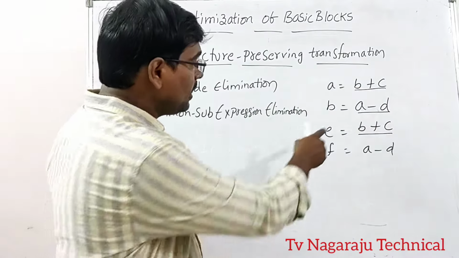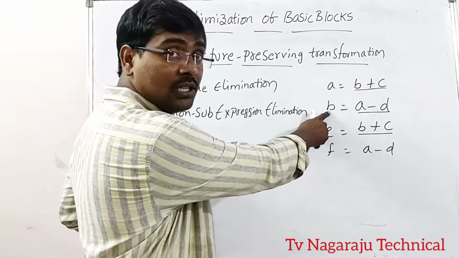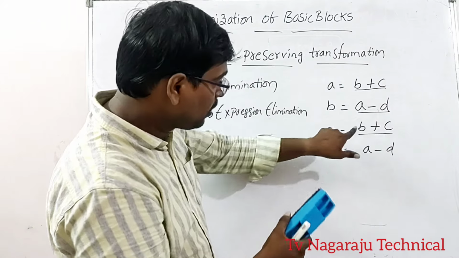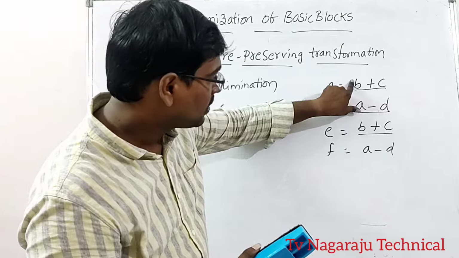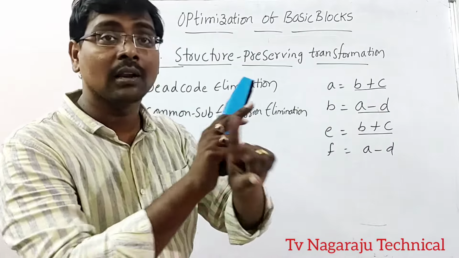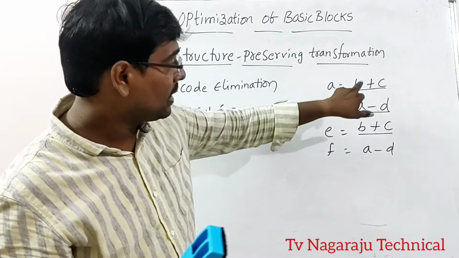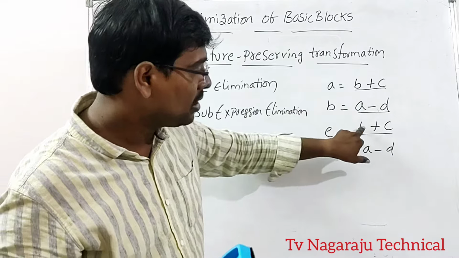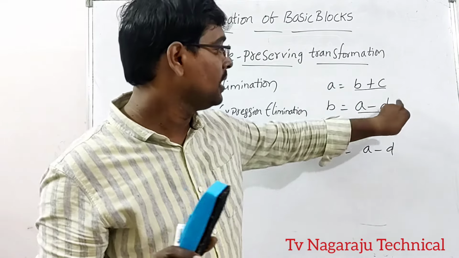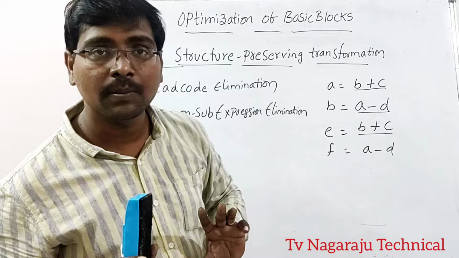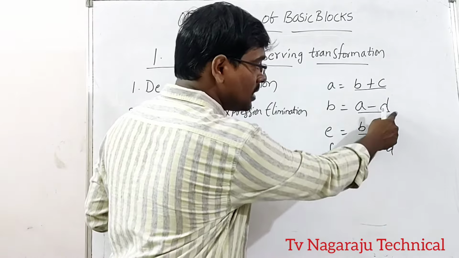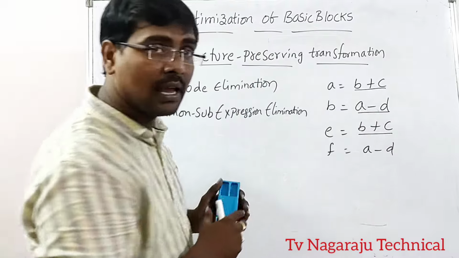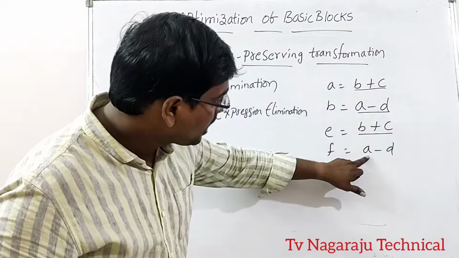In between, the value of b has changed. So here we are performing the operation on the updated b value. So this one and this one are not the same. Clear? Here the b values are not the same. This is not a common subexpression. But observe a minus d. Here a minus d is calculated, here also a minus d.